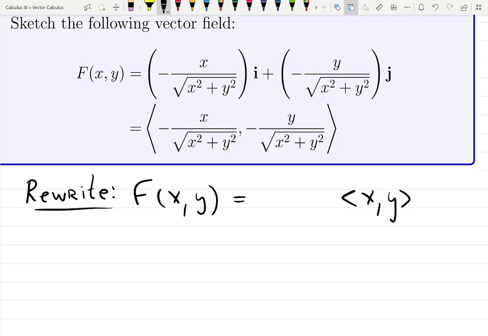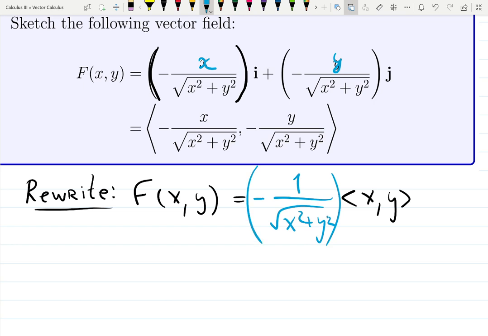That's where the dot product comes in, or, well, it's not the dot product actually. Here you can just take these components out, kick out this x and y outside. Then the common part which you're factoring out: minus 1 over a square root of x squared plus y squared. So you factor out this common piece.